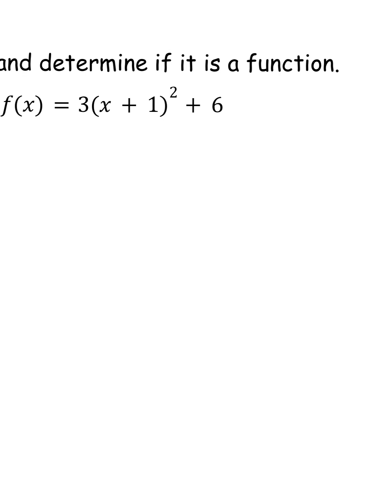Ooh, this one. It's a function, and I know it's a function because it tells me when it says f of x. It means it's going to pass the vertical line test. If I graph this, what kind of graph is it? It's not an exponential. That's when you got the little x up there in the exponent. What is it? I heard it. So it's a quadratic. Is this thing going to pass the horizontal line test?